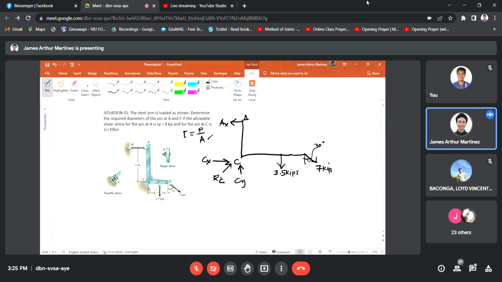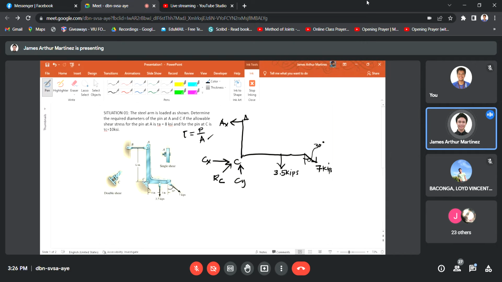Okay. So, it is simpler if we take moments at point C. Since this is a pin support and it does not have resistance to moment, we can sum up moments at point C equal to 0.